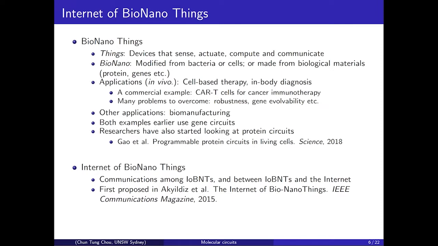Then what are BioNano things? What I've just shown you, the engineered bacteria and the engineered cells, can be counted as examples of BioNano things. When it comes to the term things, we can think about devices that sense, actuate, compute, and communicate. How about the BioNano part?